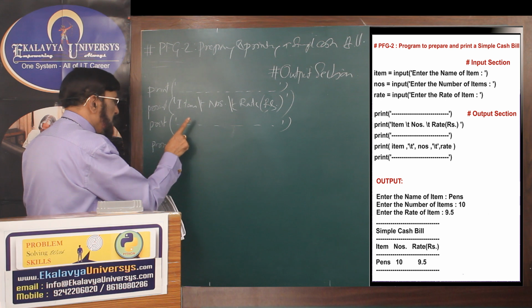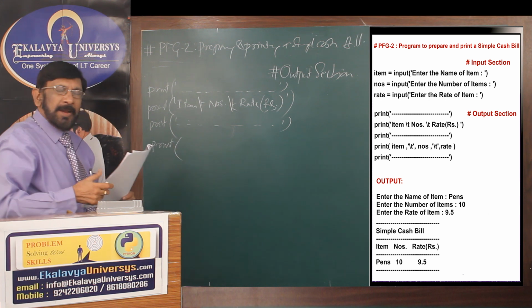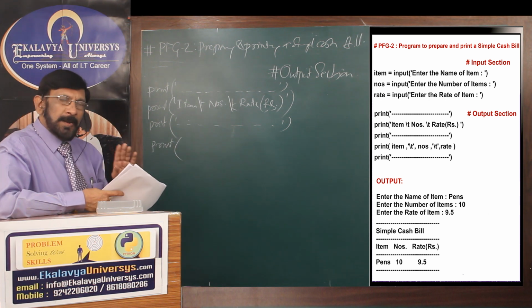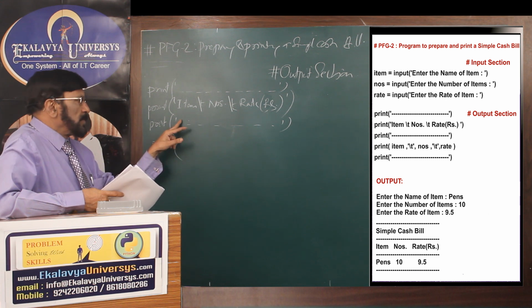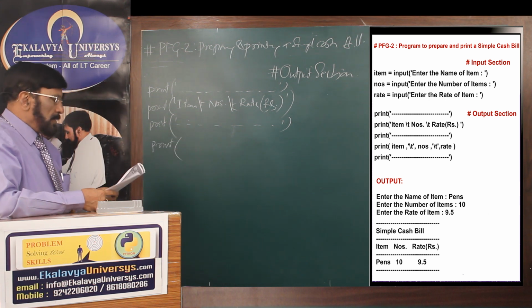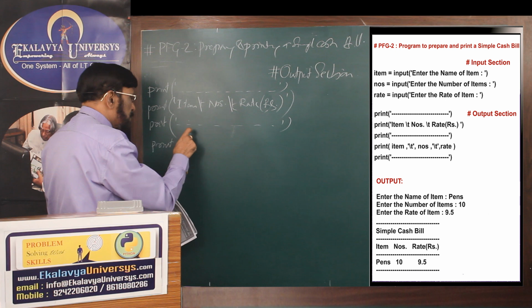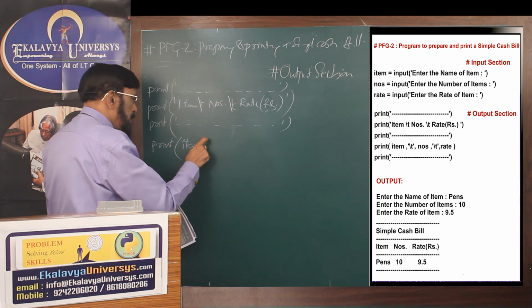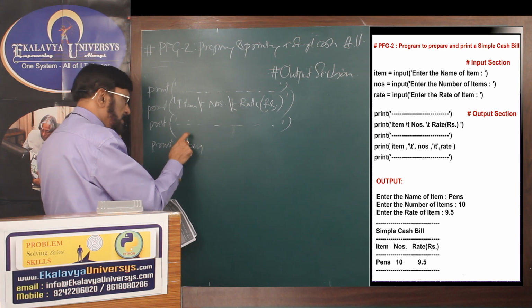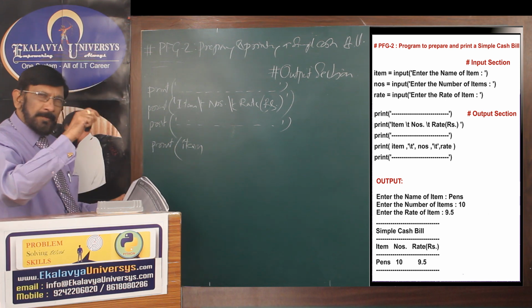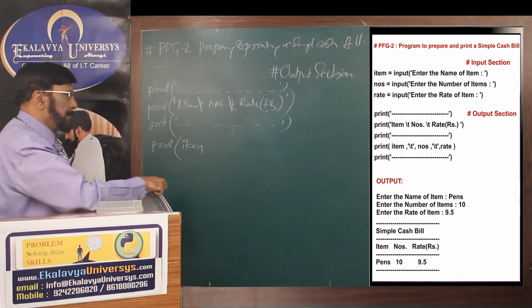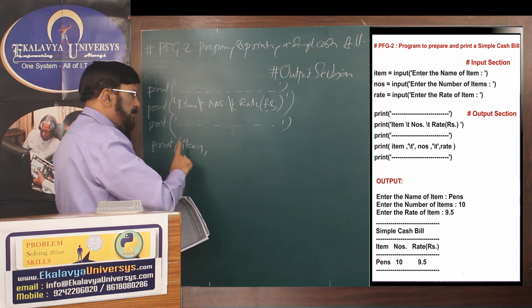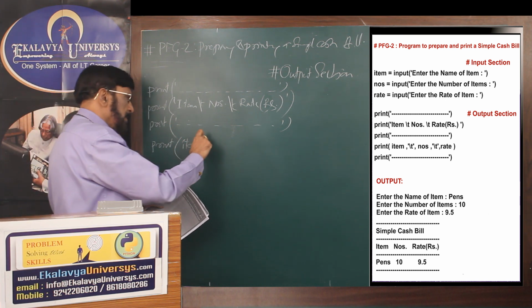Thereafter, this is a crucial statement. Actually, this is where the data is stored in the variables. Whenever you are writing variable names, you should not write them as a string. So, where item name is stored, suppose pens, you write item as a variable. Don't put it in a string. Thereafter, comma. After every item, you put a comma.